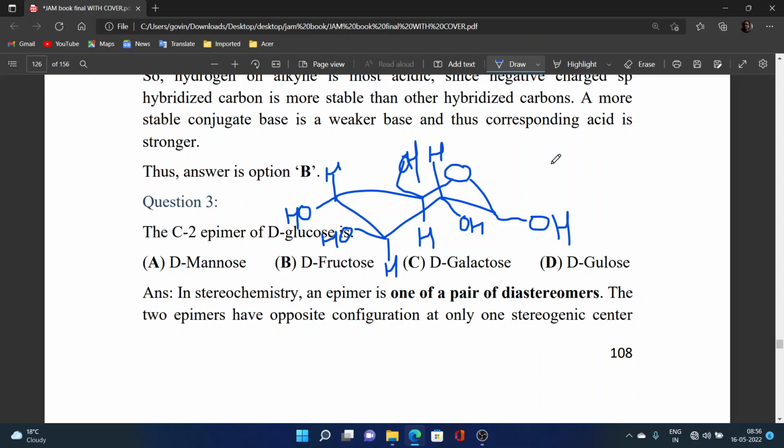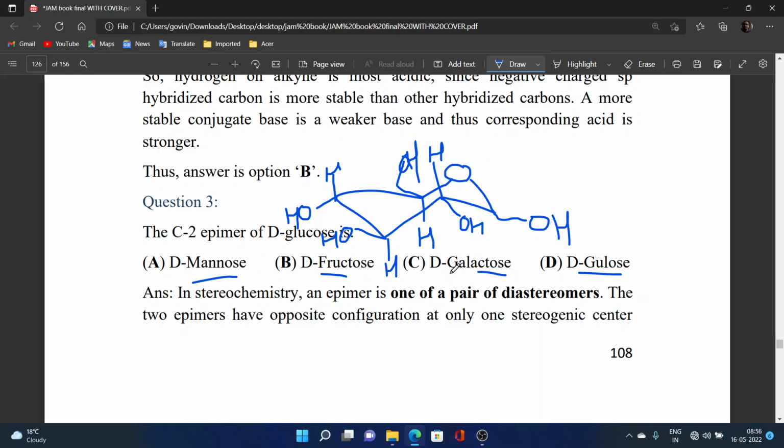So now what it says, C2 epimer. So what is an epimer? Epimer means there is a change in stereochemistry at one of the carbons, right. See, glucose and all the others, that is mannose, fructose, galactose, and glucose, I am not very sure, I think it has one less carbon, but anyway, at least these three, they are diastereomers.